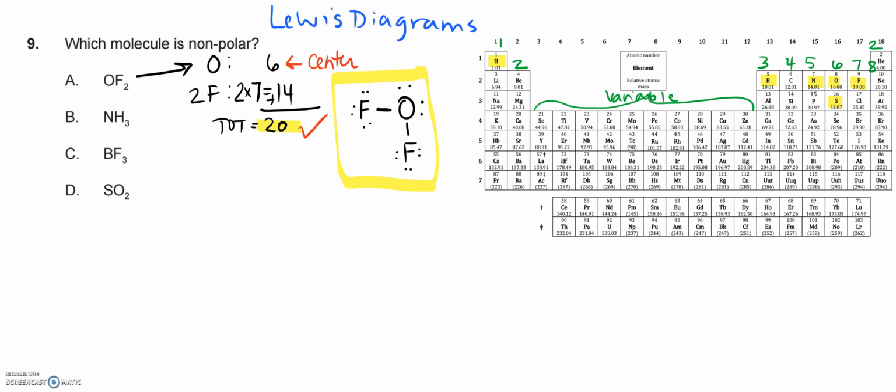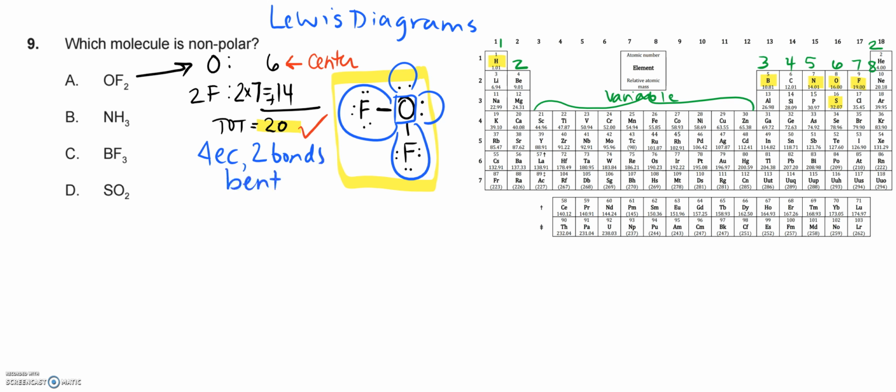Now I can think about shapes. My central atom right here is oxygen. It has 1, 2, 3, 4 electron clouds, so 4 ECs. Only 2 of them are bonds. That makes this a bent shape.